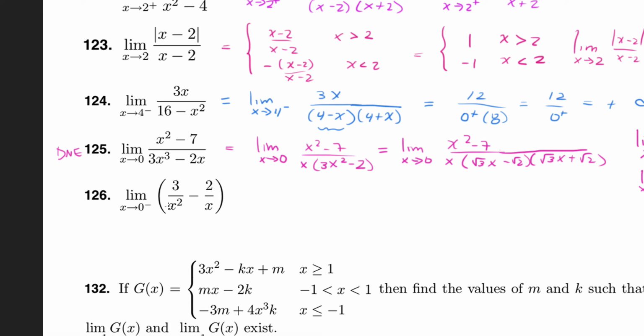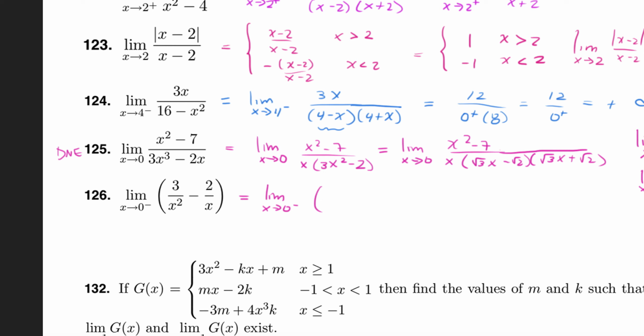Now here, 0 from the left of this expression, I would just try to find a common denominator. So 3x minus 2x squared over, actually, the common denominator is much smaller than that.